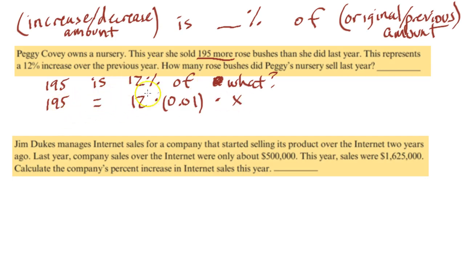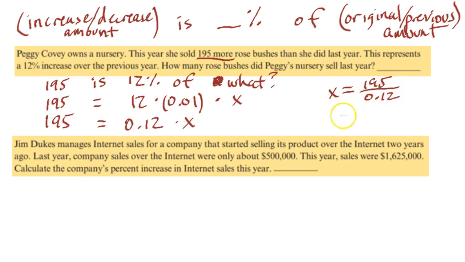Okay, so 195 equals 12 times 0.01 times x. So we're going to solve for this. 195 equals, and this becomes 0.12 times x. Then we want to divide by 0.12. So x equals 195 divided by 0.12.